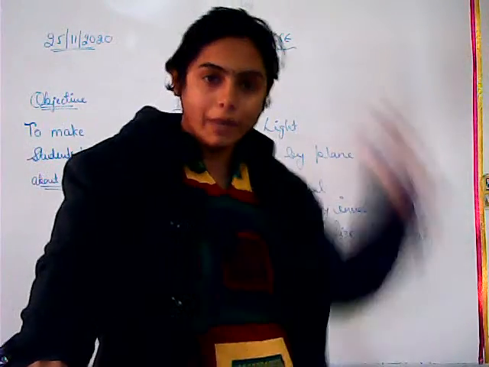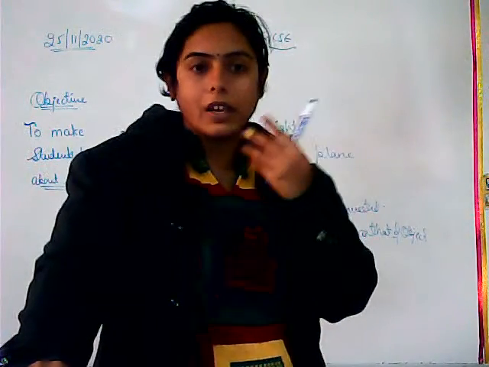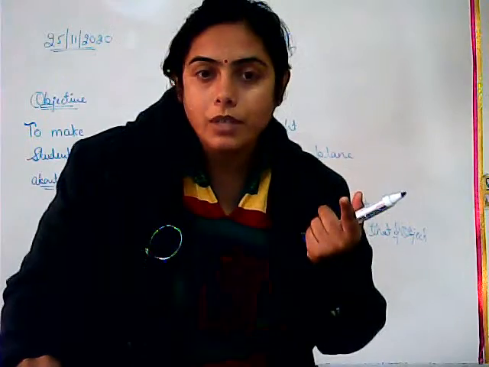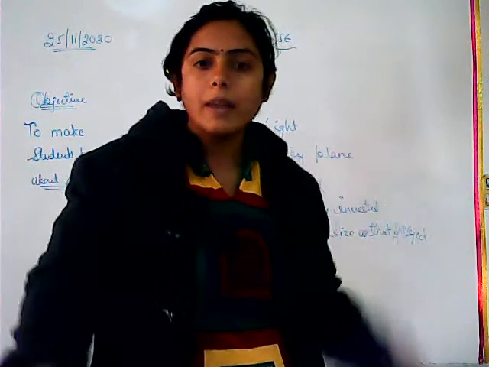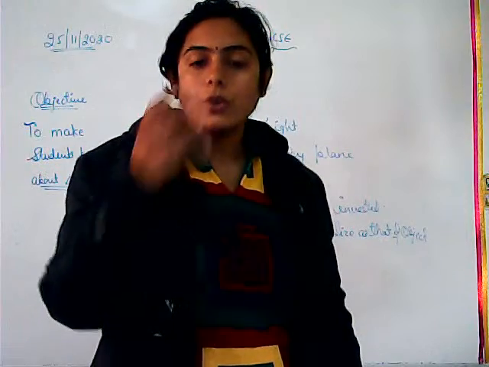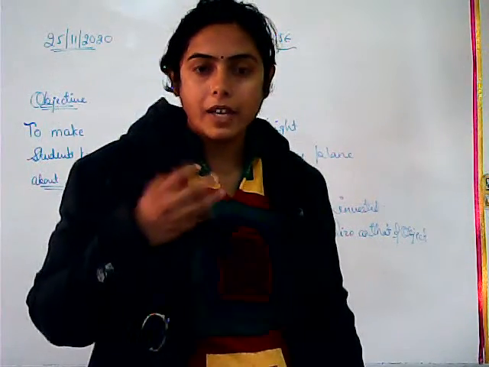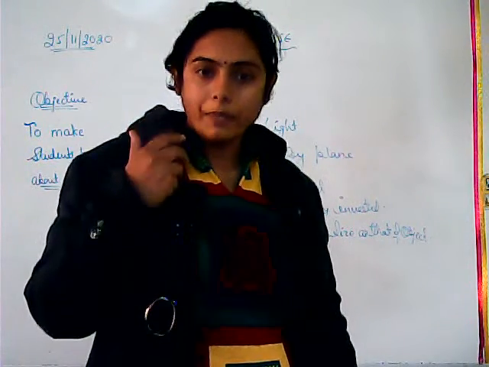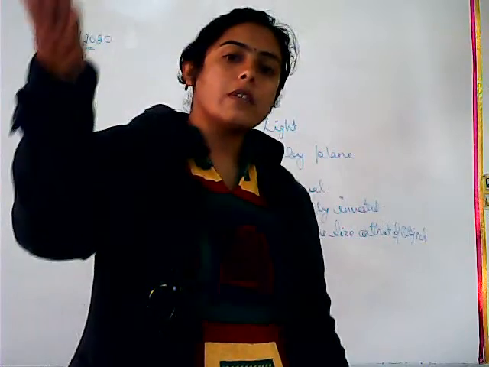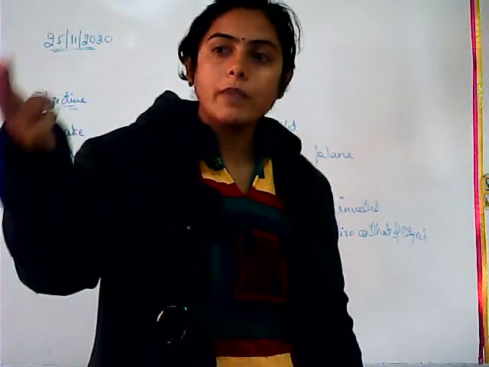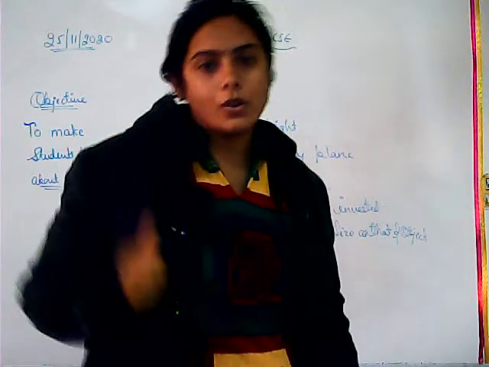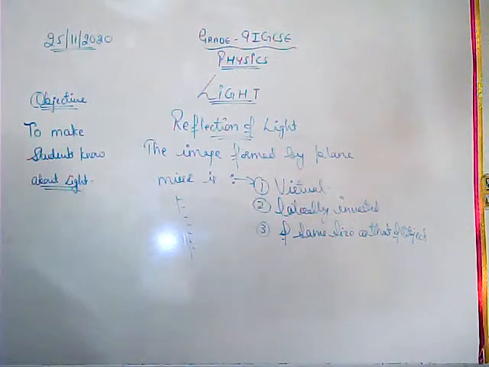If you are away, like you have the plane mirrors at home. In the morning we go and first do our hair, and we go closer to the mirror, we come away from the mirror, we go away. Fine. So what happened? As you go, you are the object. Fine. As you go away, your image also goes away. When you come close to the mirror, your image also comes close to the mirror. Fine. So that is what we say. Write it down.